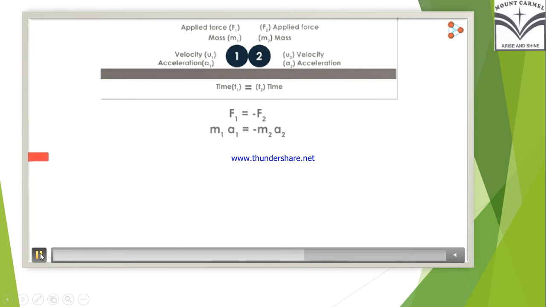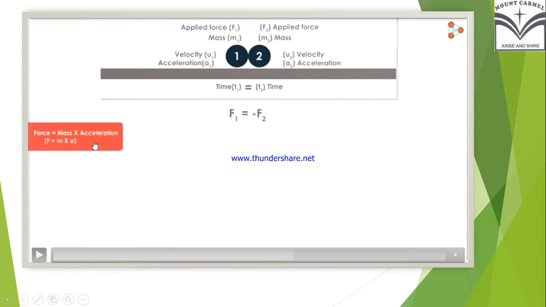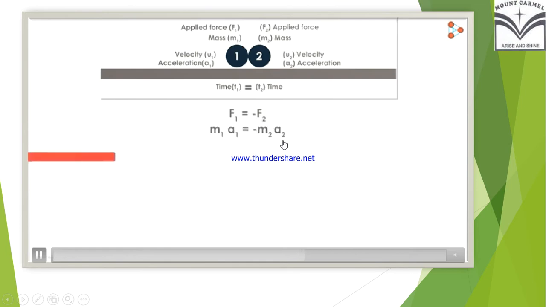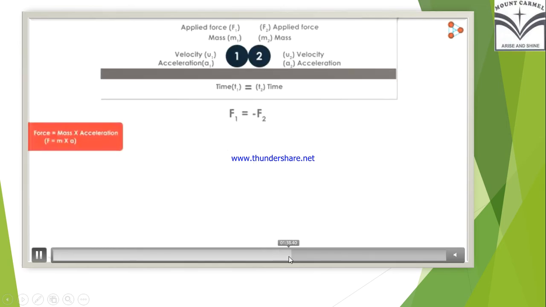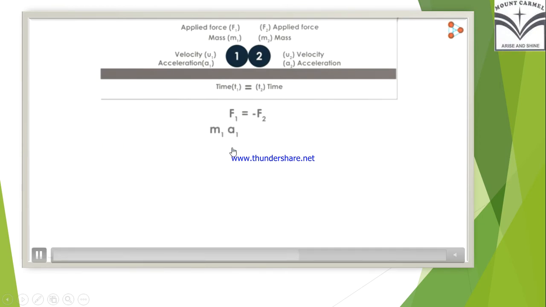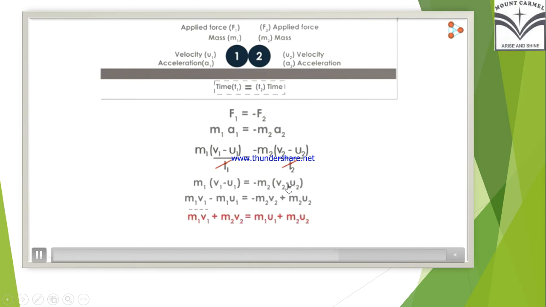Now, according to the second law of motion, F is equal to mass into acceleration. ठीक है, ये हमने ऑलरेडी देखा था from Newton's second law of motion. So यहाँ F1 के बदले में हम लिखेंगे m1a1 and F2 के बदले में लिखेंगे minus m2a2. Acceleration is the rate of change of velocity, so instead of a1 we write (v1 minus u1) upon t1, and यहाँ पर (v2 minus u2) upon t2. t1 और t2 सेम है इसलिए cancel out हो जाएंगे, and we open the brackets and solve it.